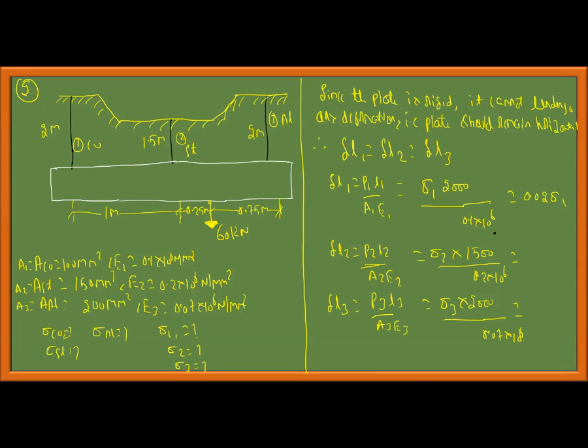7.5 into 10 power minus 3 sigma 2. This one.